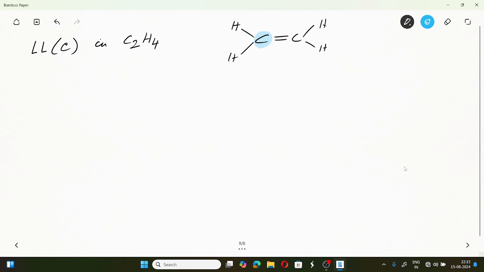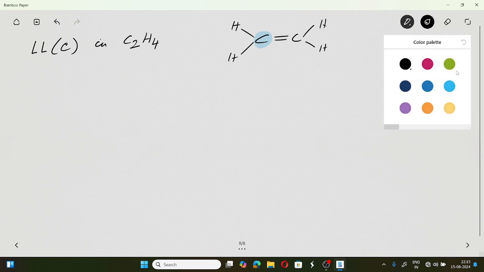Now this carbon has formed two types of bonds, two with hydrogen, and the other with carbon. So we have to consider both these effects. That means I have to consider both types of bonds.